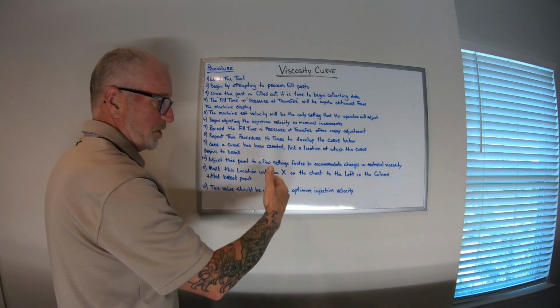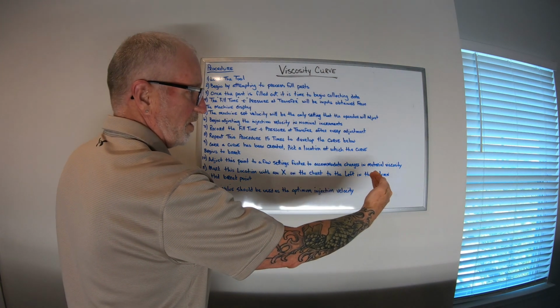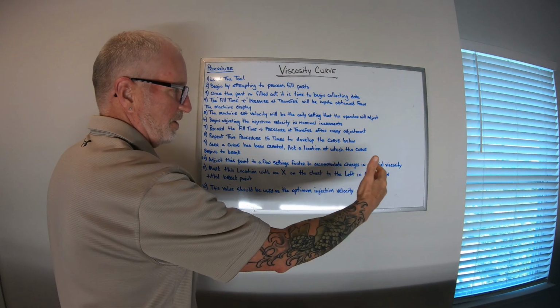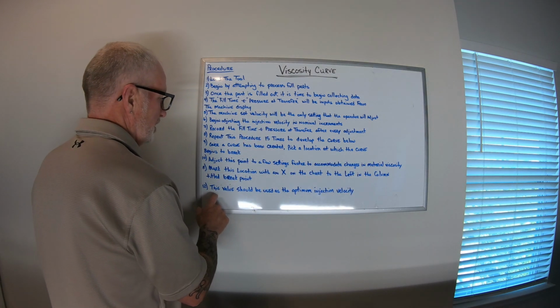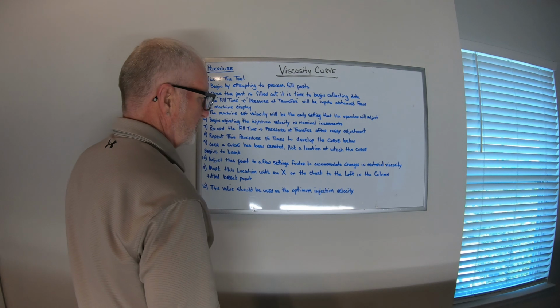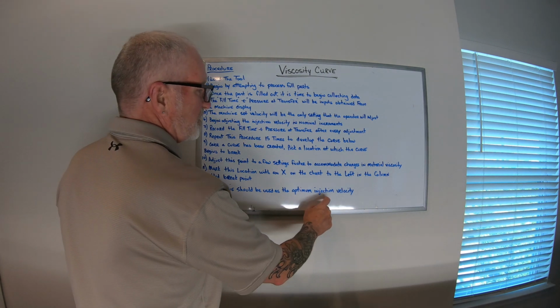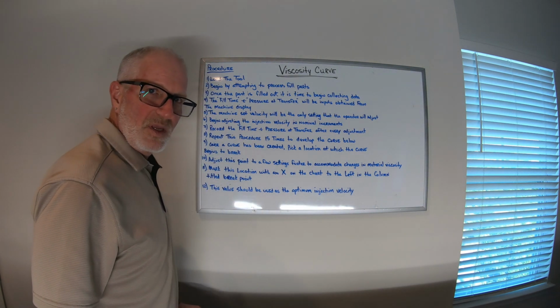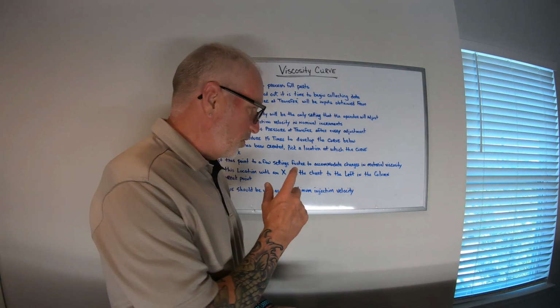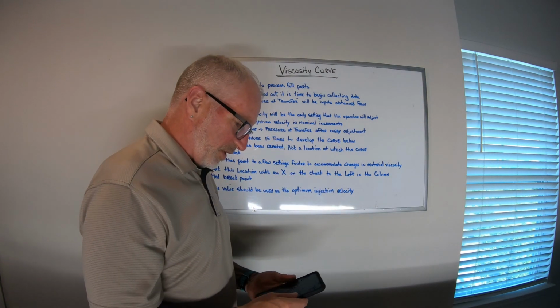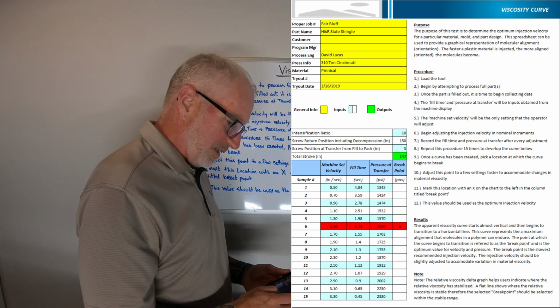So you're looking at that chart, you're looking all the way over to the far column, so you're going to have your fill, your pressure, and that over there. This value should be used as an optimal injection velocity, okay? So that's what you're looking at. So over here, I will put the graph up for you guys and let you see this.